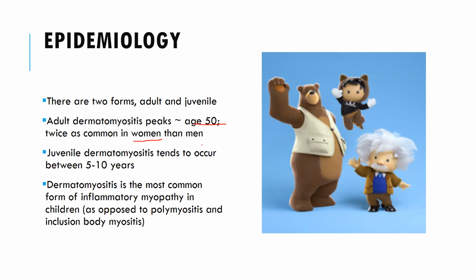What you have to remember is that most of the connective tissue disorders are more common in women compared to men. However, the juvenile type commonly occurs between the ages of 5 to 10 years, and it is one of the most common inflammatory myopathies seen in children.